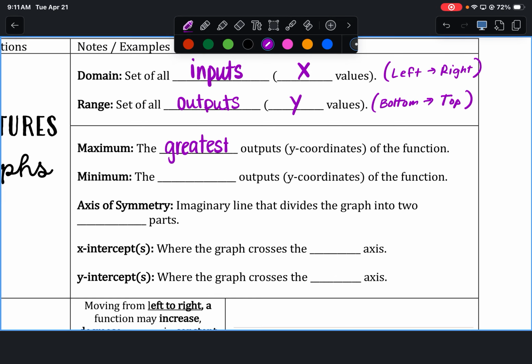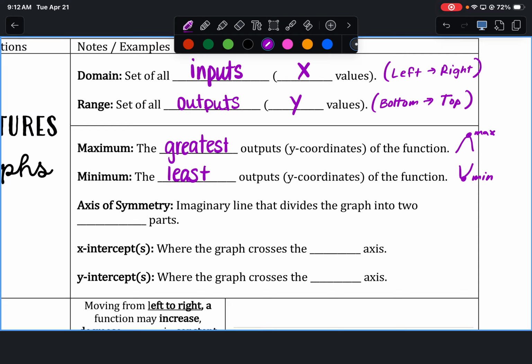Okay. The minimum would be the least y value or the lowest y value of the function. Think of a maximum: that's a max. It's a high point. And a minimum is a low point, okay?